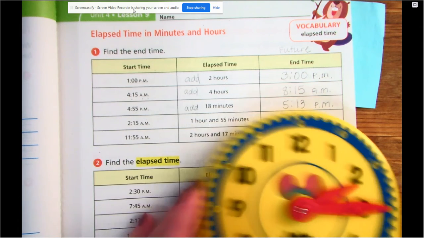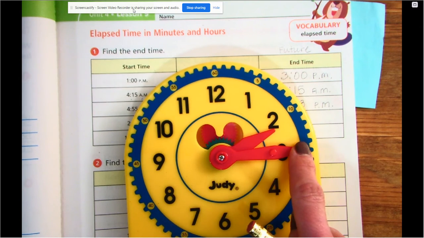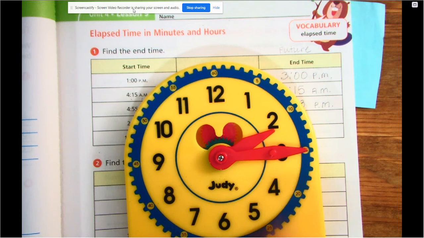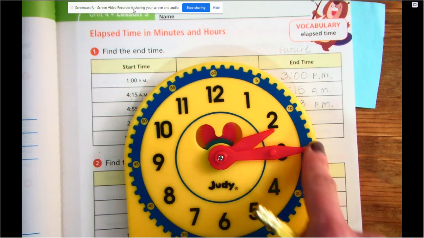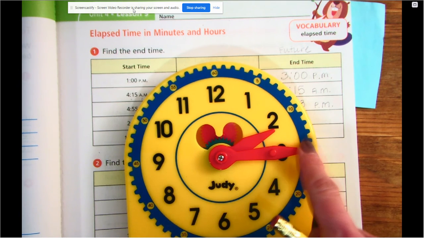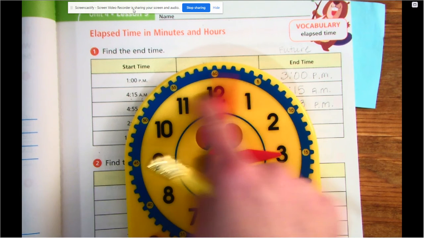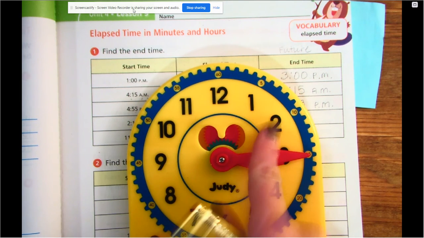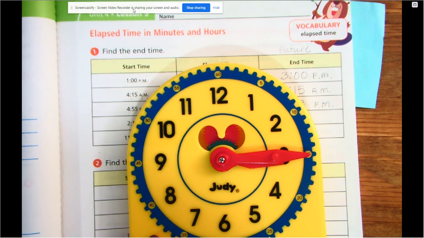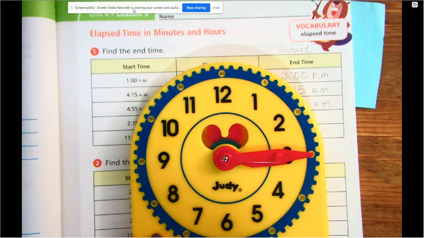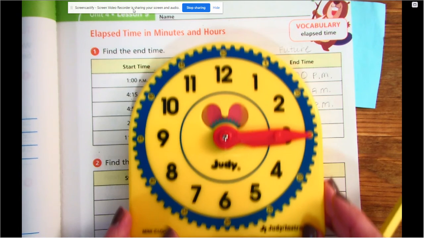Okay, so let's add 1 hour. Remember, when I'm adding an hour, my minute hand needs to go all the way around to the same spot. So if it's 15 minutes after, I need to go 1 whole hour. Okay, now, instead of 2:15, it's 3:15. And now I need to go 55 minutes.